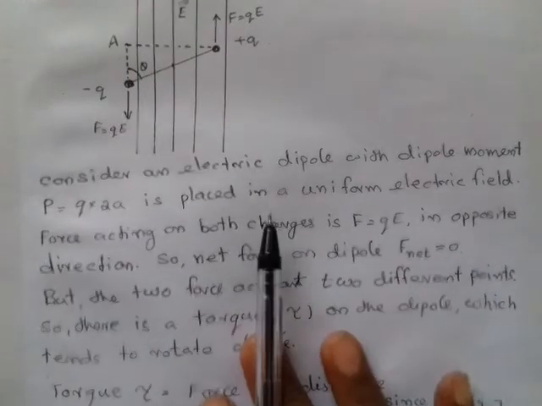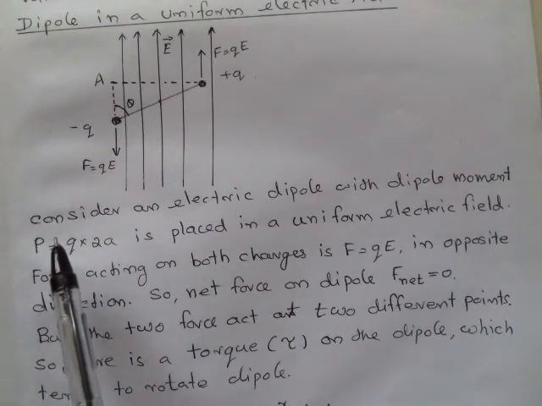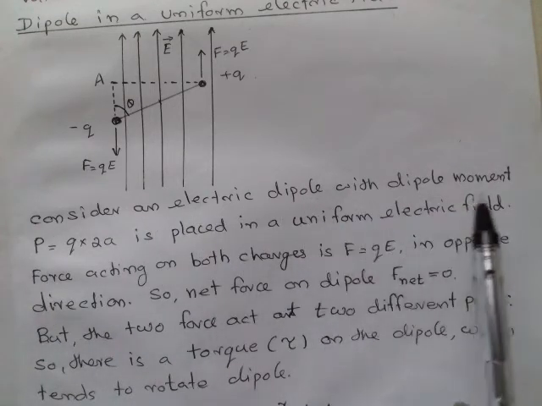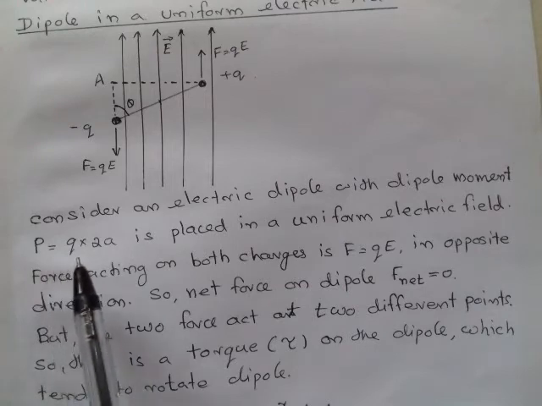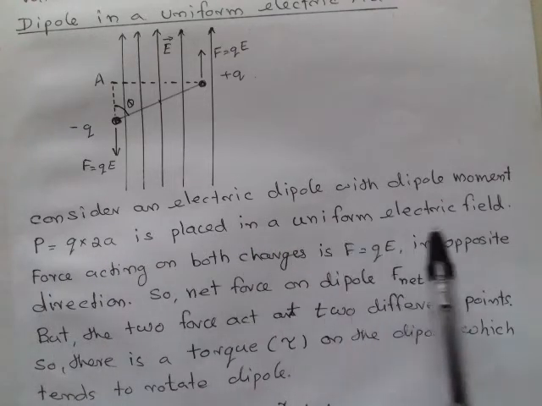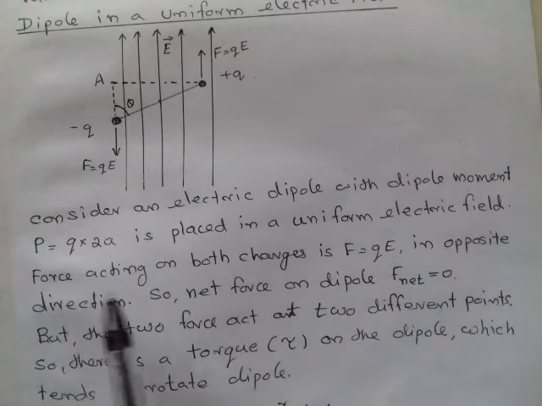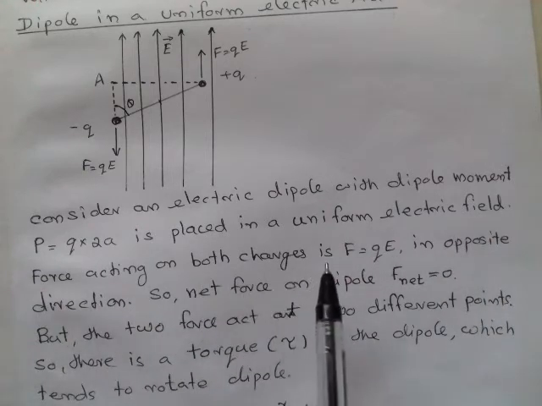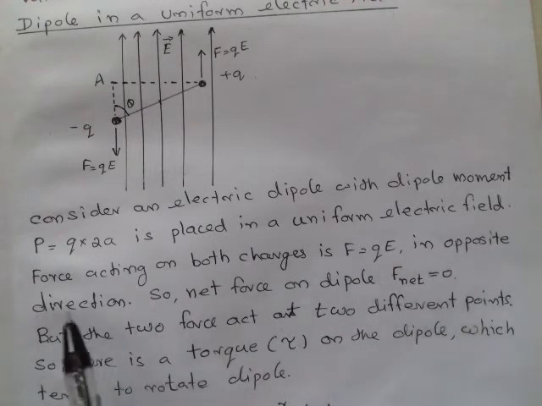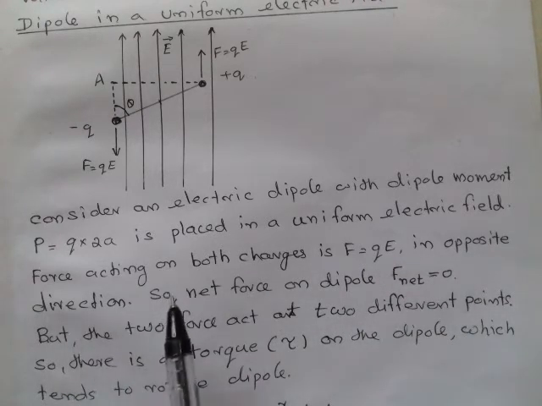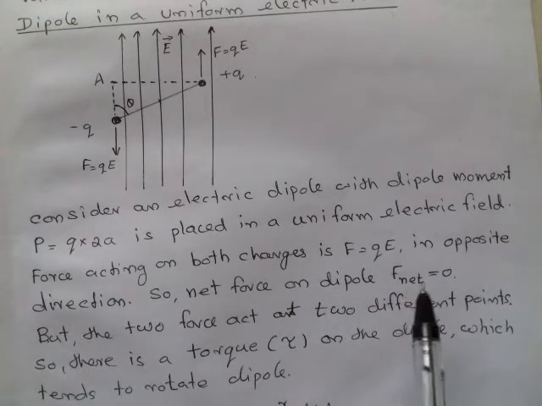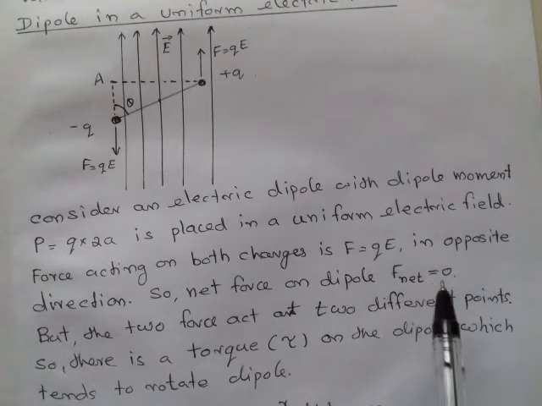Okay, we will just read what is written. Consider an electric dipole with dipole moment p equal to q into 2a placed in a uniform electric field. The force acting on both the charges is F equal to qE in opposite directions. So the net force on the dipole, F net, is equal to 0.